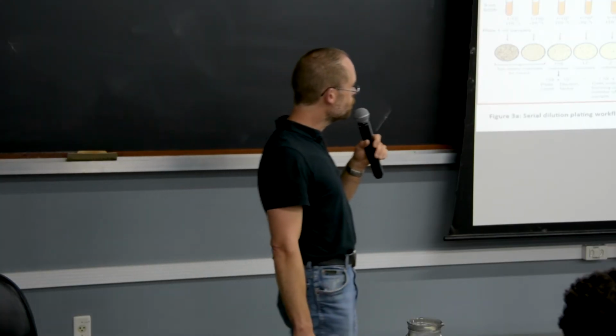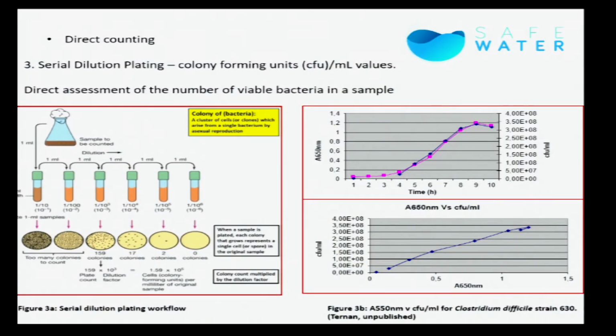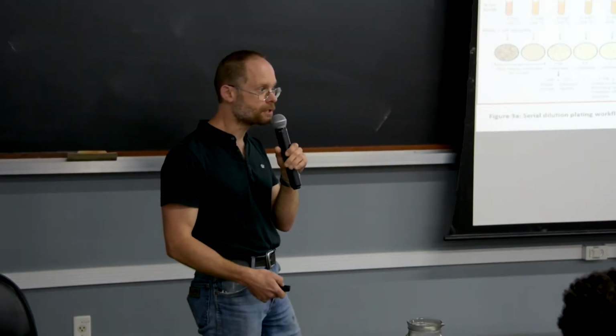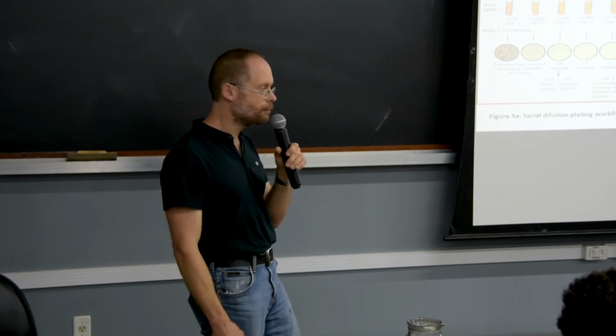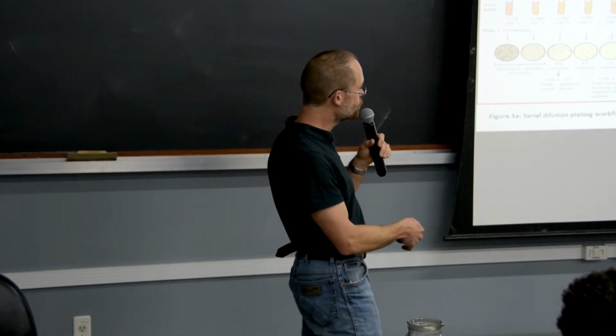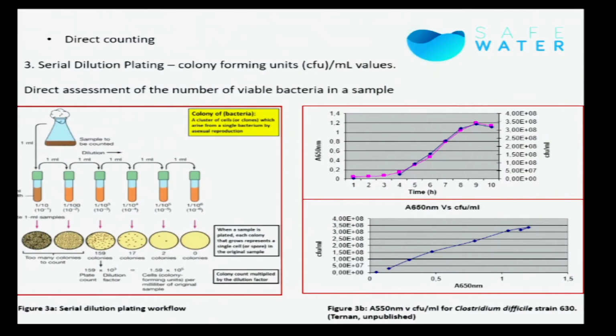If we take it to its logical conclusion, we can do a growth curve and we can plate out, and you can see that both bacterial numbers and this optical density surrogate for biomass match quite nicely, and we can transform that into a, not quite a straight line, but it's not bad, a calibration curve.